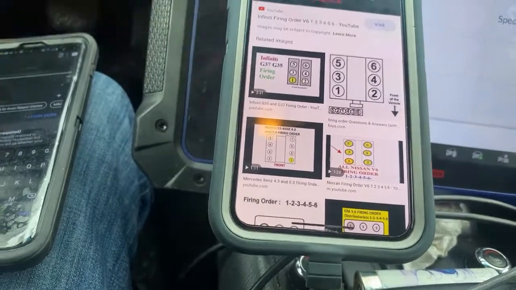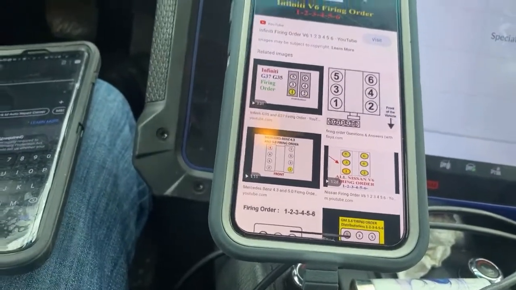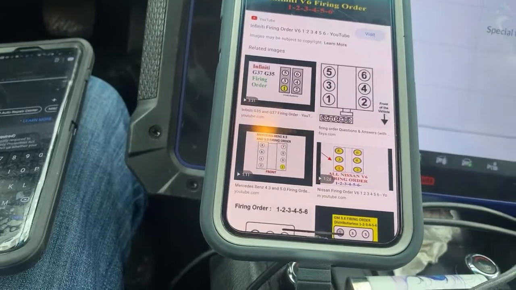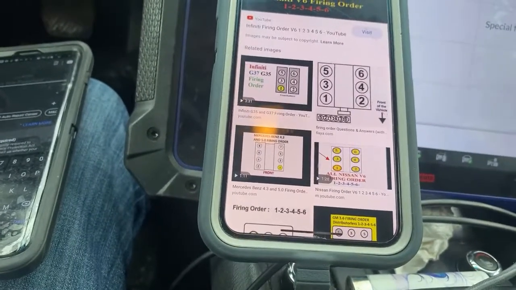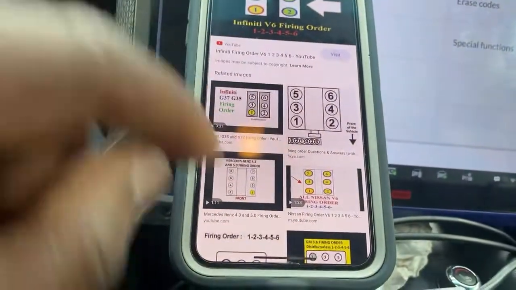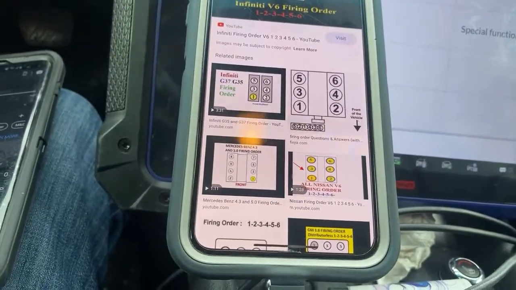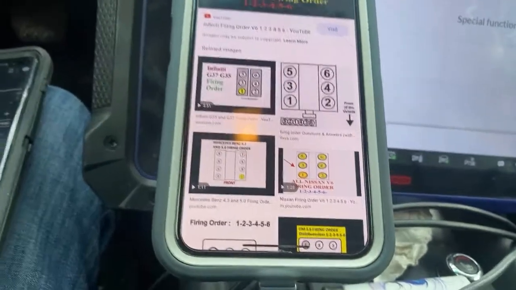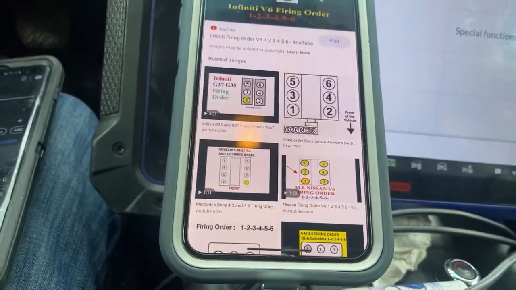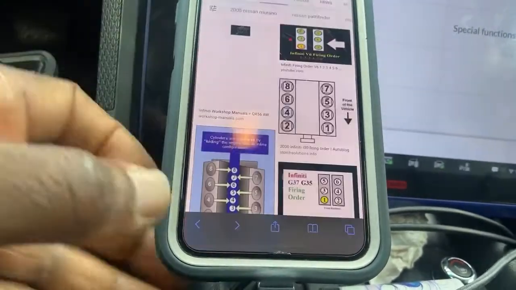So if the car is facing this way, cylinder number 1 is the one on the passenger's or driver's side. But what I'm trying to say is, even the mechanic, when you tell him to go and look at cylinder number 1, yeah, bank 1 is the problem. So he will figure it out, because they do tune-ups all the time.